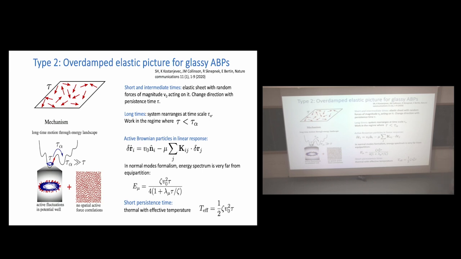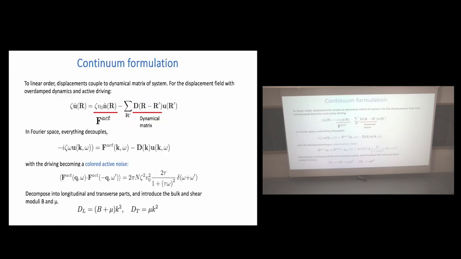This has some very interesting consequences, because you can do a continuum argument on this. You can write down a continuum version of overdamped dynamics here in real space with dynamical matrix and active driving, for the displacement field. In Fourier space, this diagonalizes with an active driving in here, which then acts as a colored active noise, because this thing has a time correlation function, as we just derived earlier.